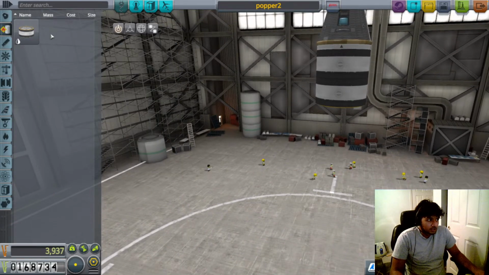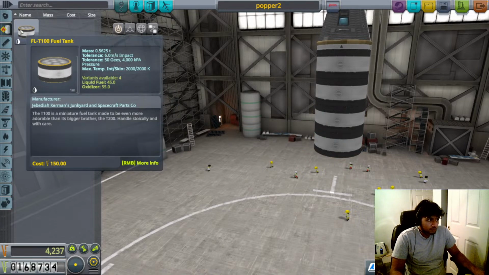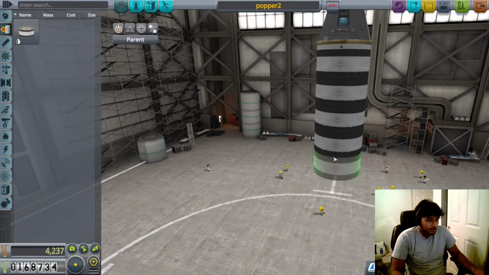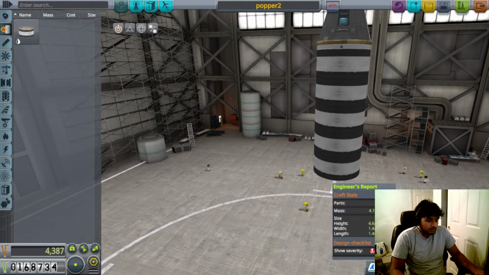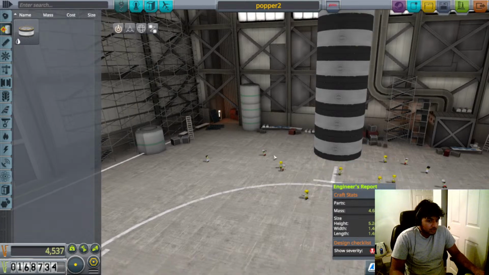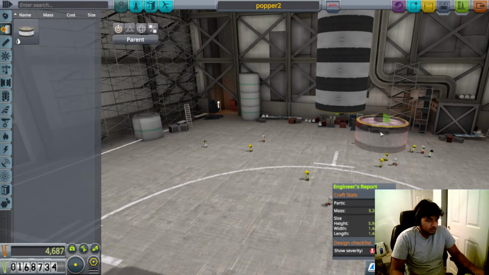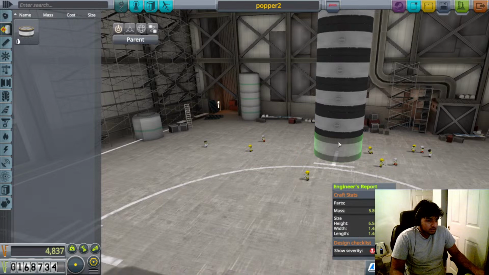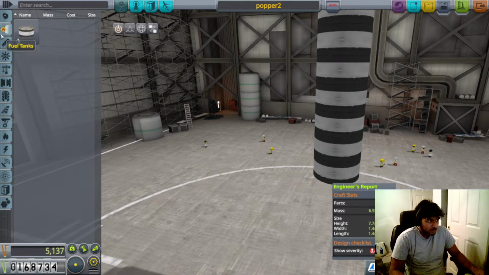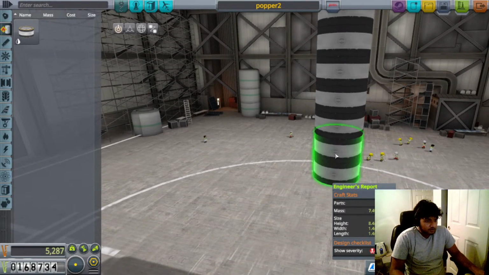Bunch of fuel tanks. Seems like enough fuel tanks. 1, 2, 3, 4, 5, 6.